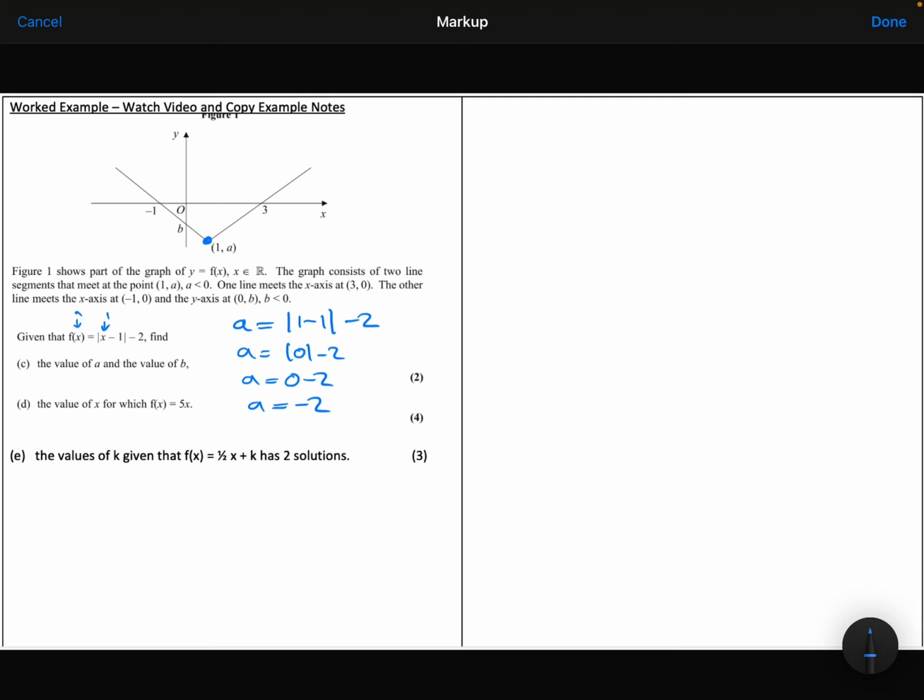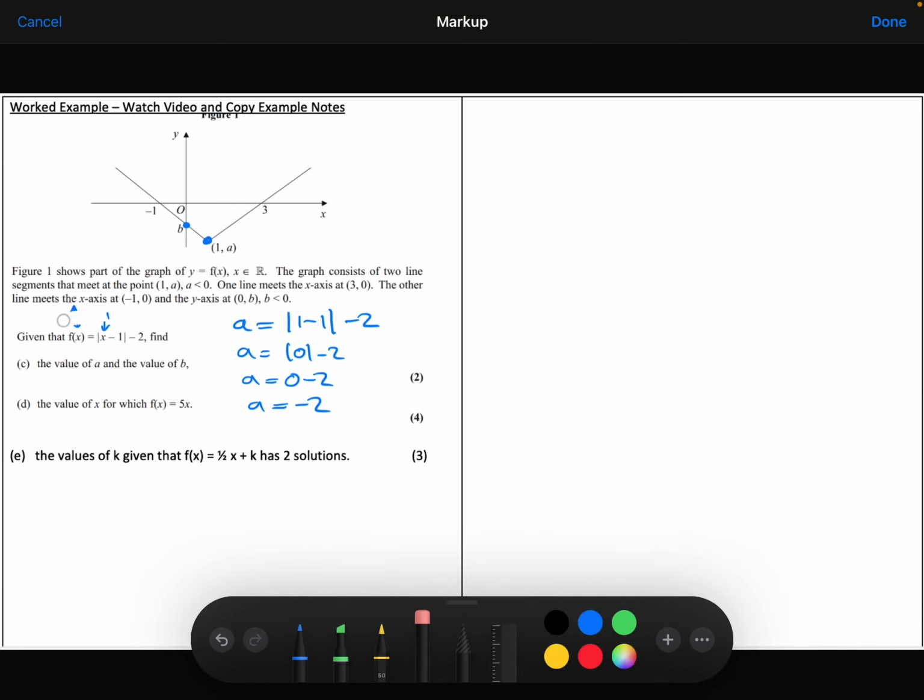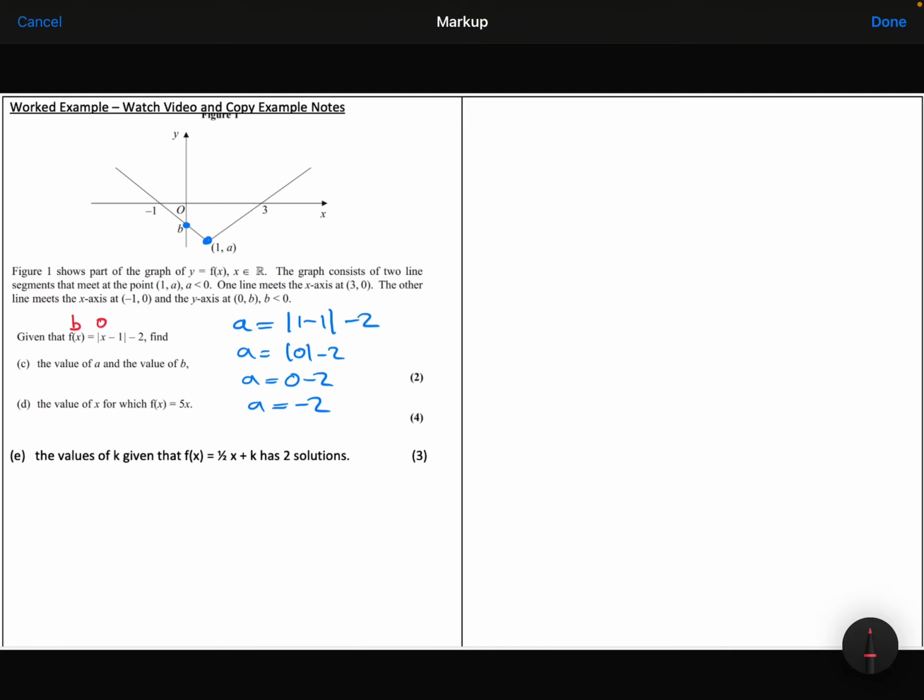Now to work out the value of b, b is the y-intercept here. That's the coordinates where y is b and x is 0. So if I put b instead of y and 0 instead of x, that's going to give me the equation b equals the modulus of 0 minus 1, minus 2. 0 minus 1 is minus 1.